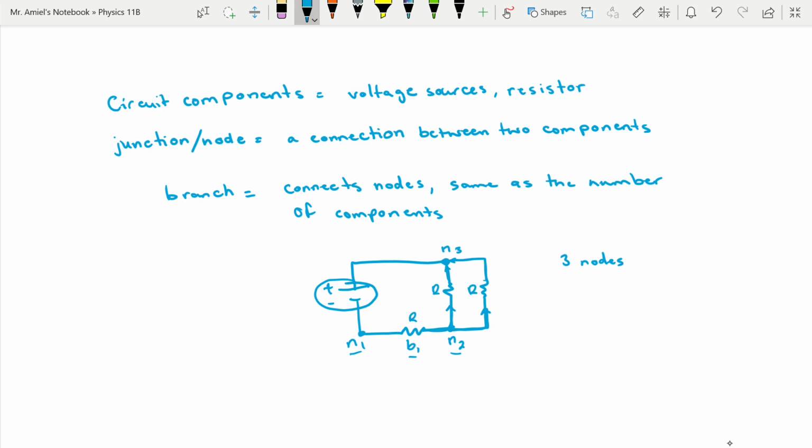Node 2 and node 3 are connected by branch 2, branch 3. And node 3 and node 1 are connected by branch 4. So we've got 4 components, and we've got 4 branches. Okay, that's just going to help when we're looking at circuits later and talking about these different components and how to identify a node or a branch.